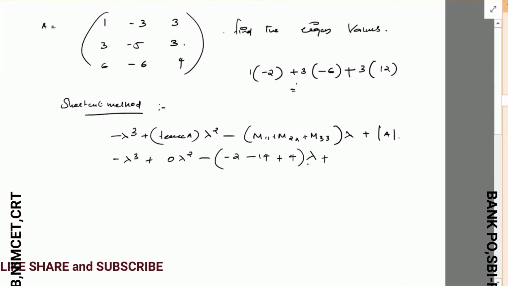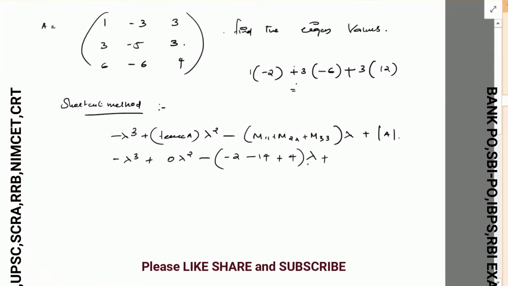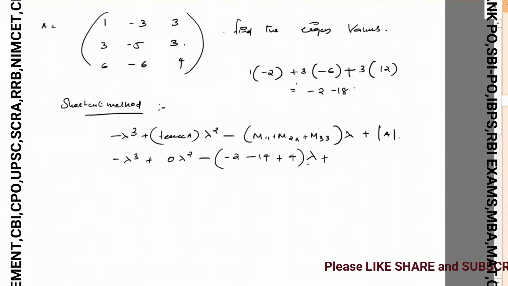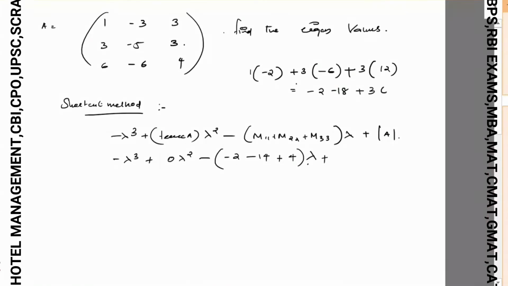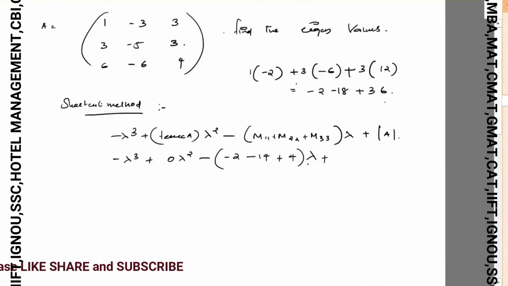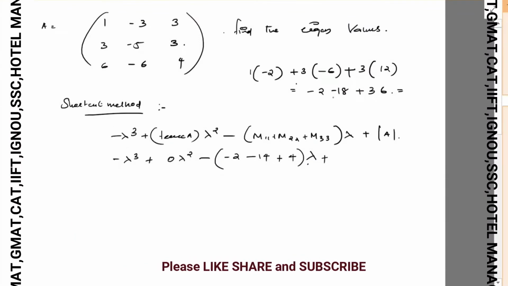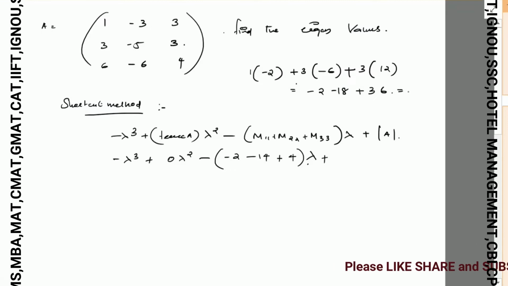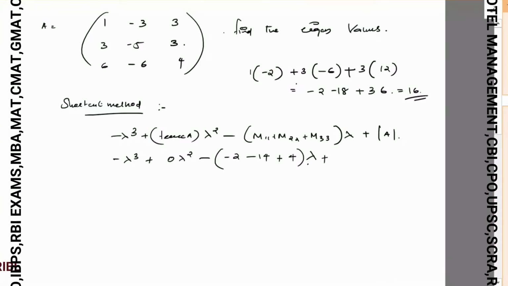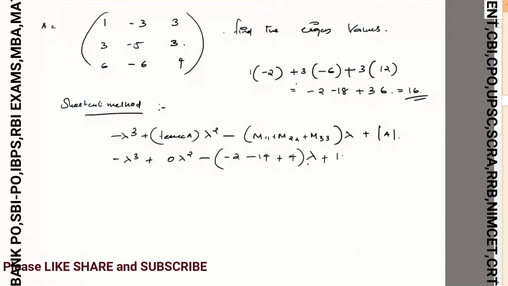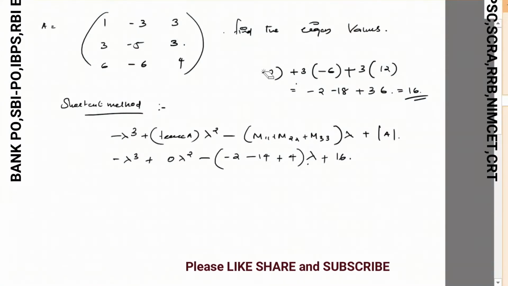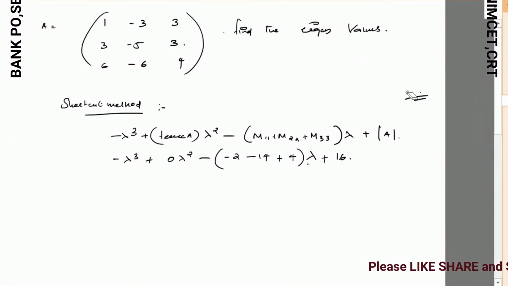So the determinant will be minus 2 minus 18 plus 36, which is equal to 36 minus 20, that is 16. So we will get the determinant as 16. So the determinant is 16.